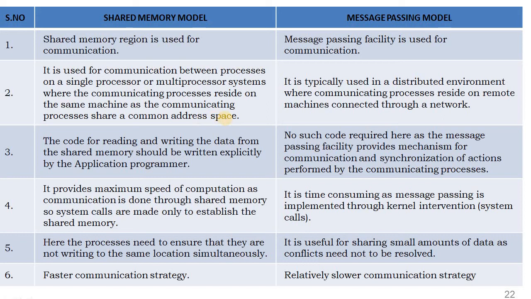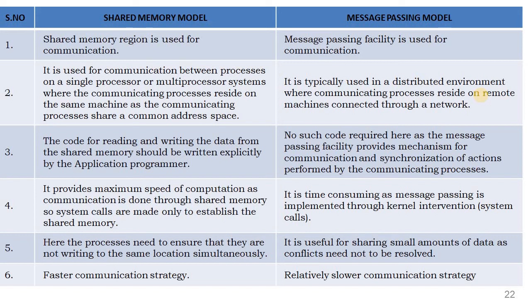That means a shared memory model shares a common address space. But the message passing model works in a distributed environment, where communicating processes reside on remote computers also. So shared memory will be within a single computer system, but in the message passing model, you can use the remote login methodology also.